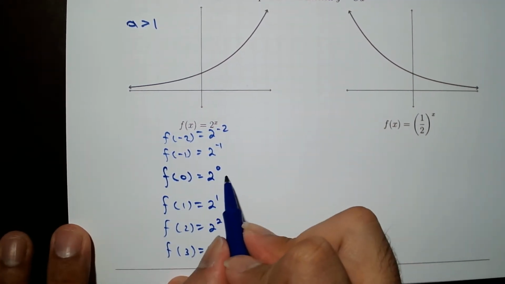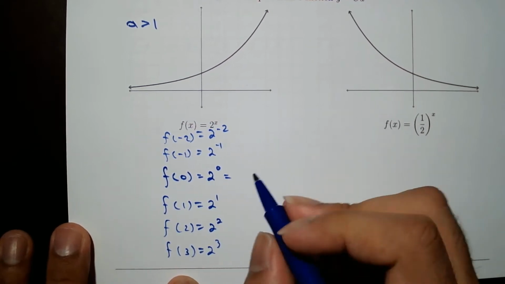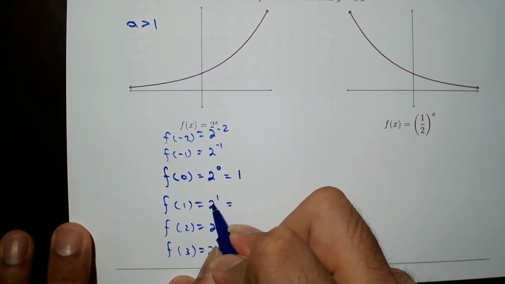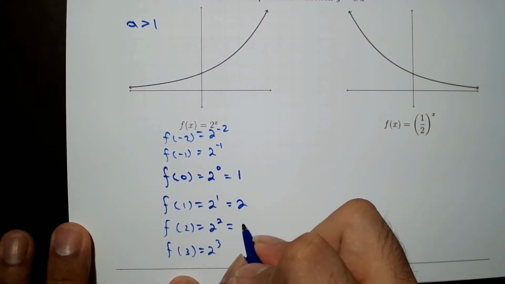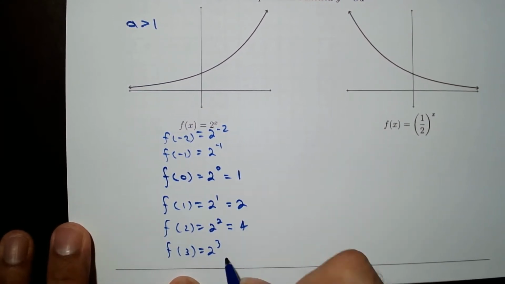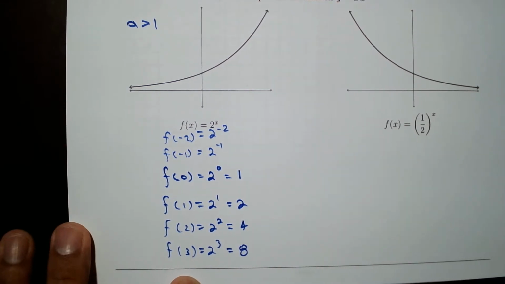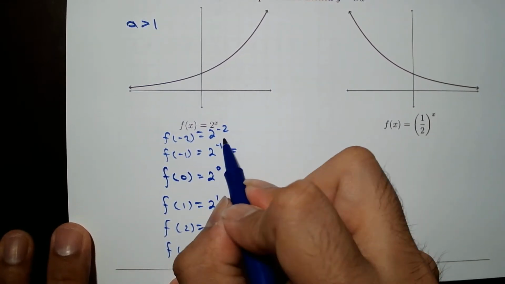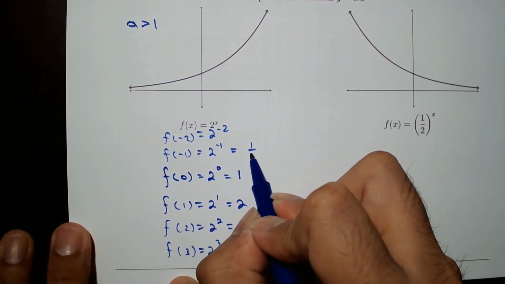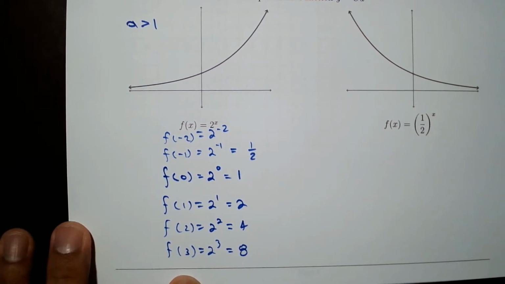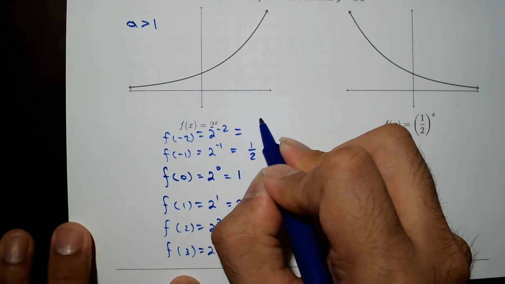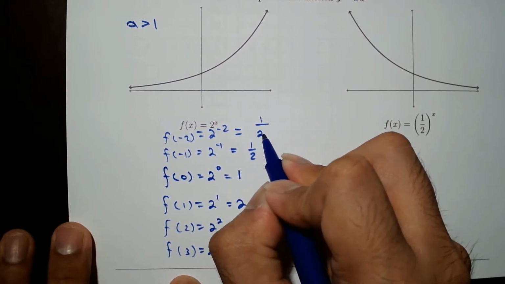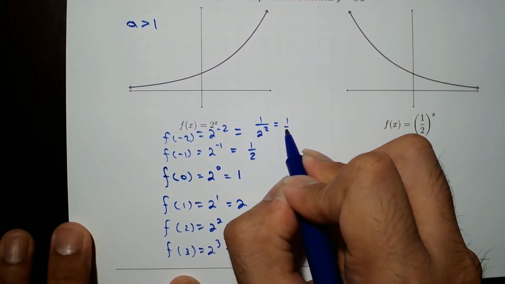Any number to the 0 power is always 1. 2 to the first power is 2. 2 squared, which is 2 times 2, is 4. 2 cubed is 8. And with negative exponents, I will write this as 1 over 2, and then 1 over 2 squared, which is 1/4.